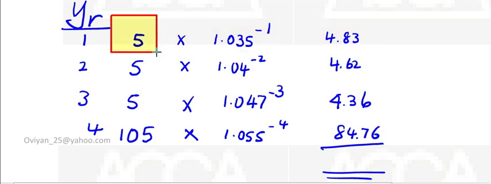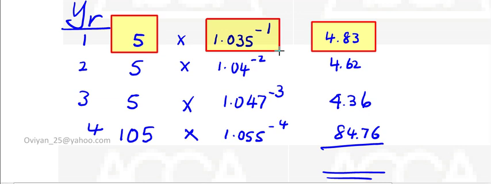You want $5? How much do you pay today to get that $5 in year 1? Well, I must see what return I want to get. Everybody is giving 3.5%, so I'll pay 4.83 for that $5. I'll pay 4.62 today for this $5. I'm going to get 4% return for that particular investment.